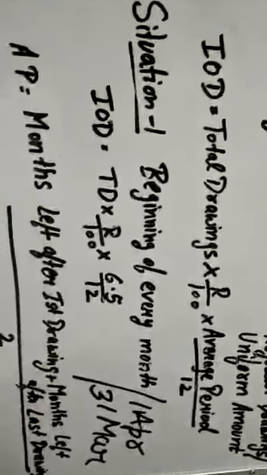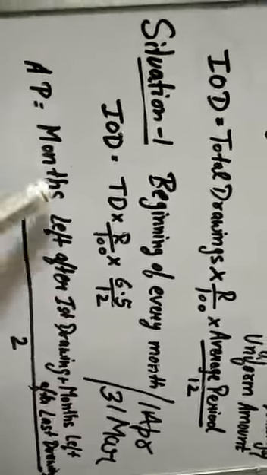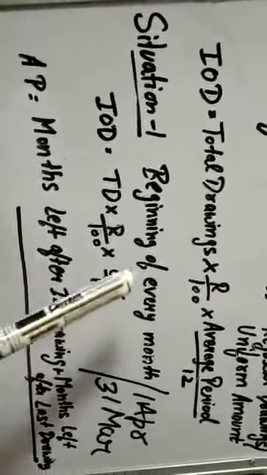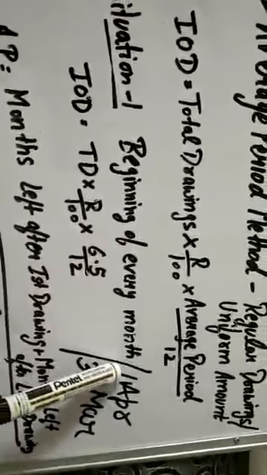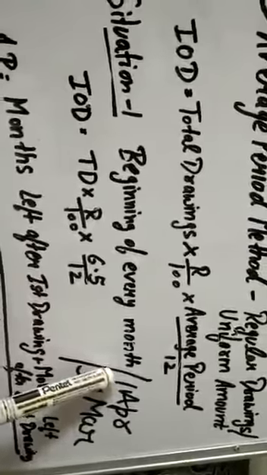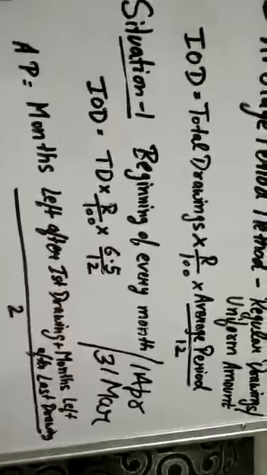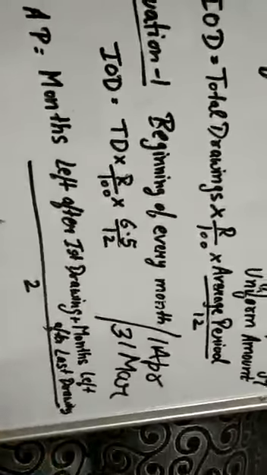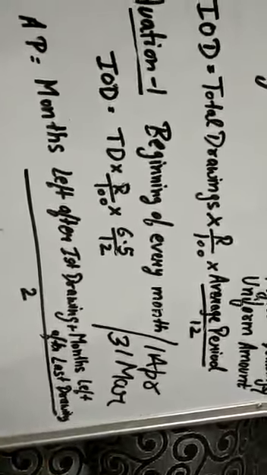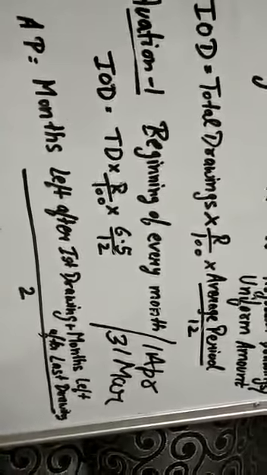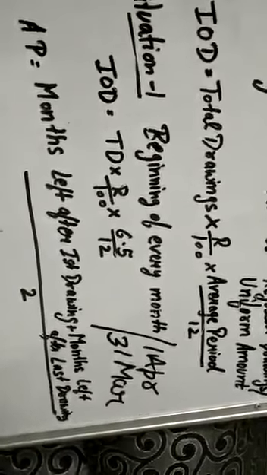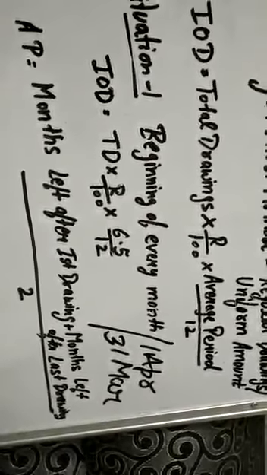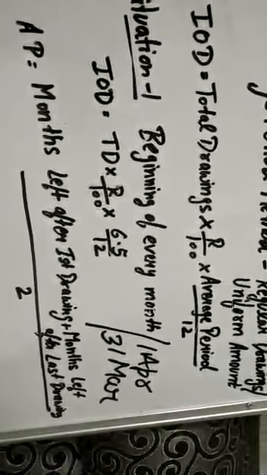How? Months left after first drawing. For example, he is withdrawing the money at the beginning of every month. That means he is withdrawing the first money on 1st April. Then how many months are left? Start calculating from 1st April, then 1st May, 1st June, 1st July, 1st August, 1st September, 1st October, 1st November, 1st December, 1st January, 1st February, 1st March.